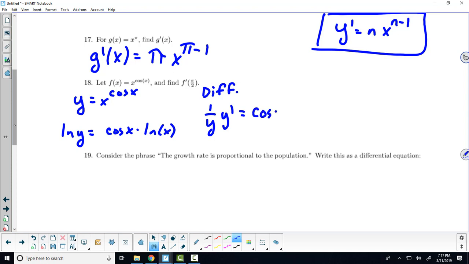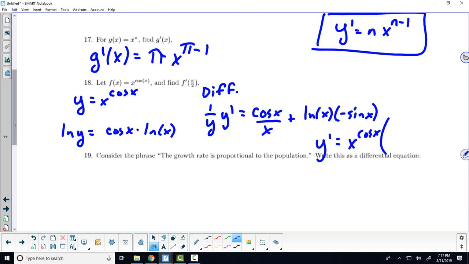It's the first times the derivative of the second plus the second times the derivative of the first. Okay? That gives us y prime is equal to x to the cosine of x times the cosine of x over x minus the sine of x times the natural log of x.